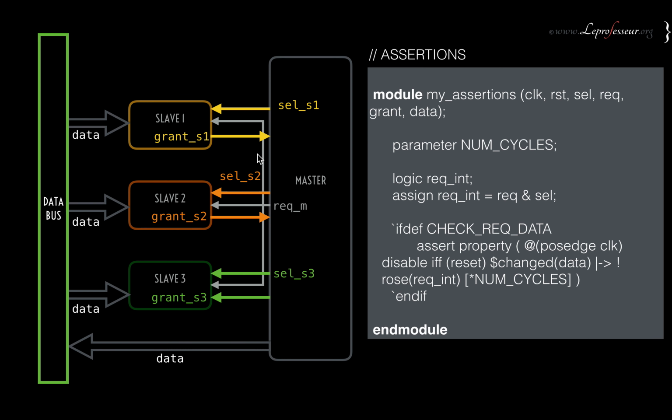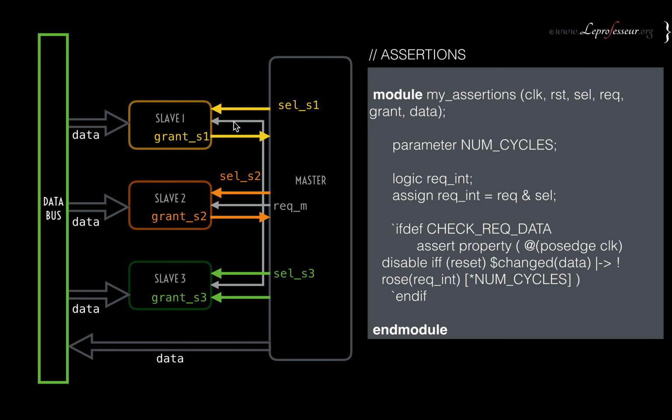So master selects different slaves, and then the request gets sampled by the slave. In other words, if master wants to communicate with slave 1, master sends the select signal to slave 1, and the request is high, and then the slave samples both of the signals and says, okay, I'm getting the request from the master, and master is giving me the select signal.